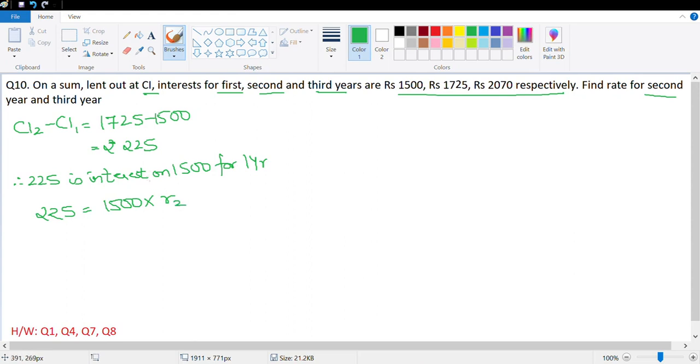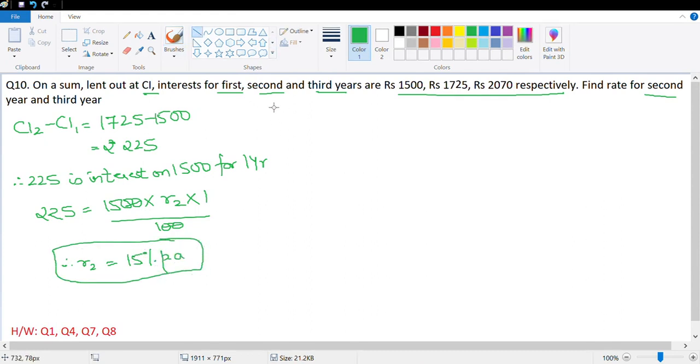This is for the second year because this is what we are looking at, into 1 upon 100. So that's 225 is equal to 15 R2. Therefore, R2 is equal to 15% per annum, which means the rate for the second year is 15%.